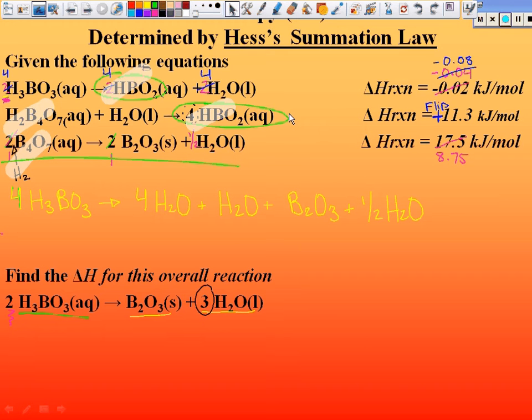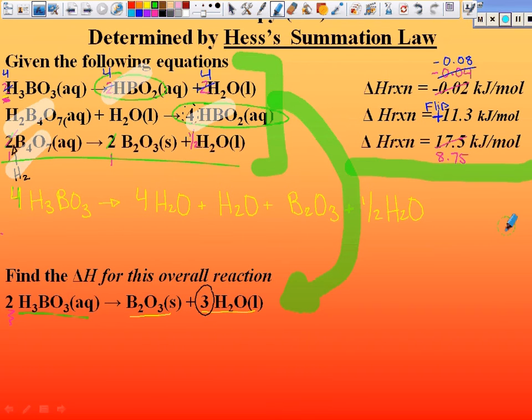All right. Do you see how all three of these are set up in steps? We're trying to make it look like this thing. Well, each step has its own delta H. We're trying to solve for the total delta H. Yes, we're trying to get steps in order to make it.